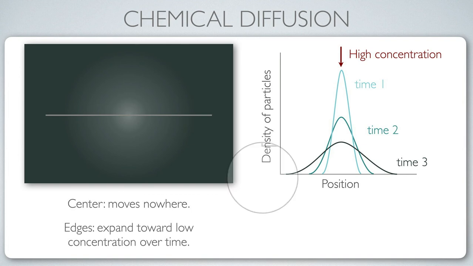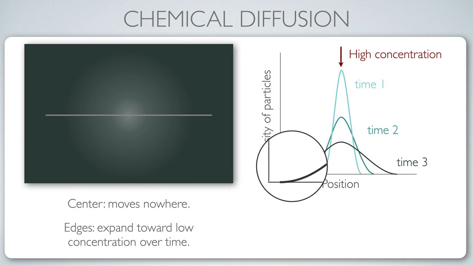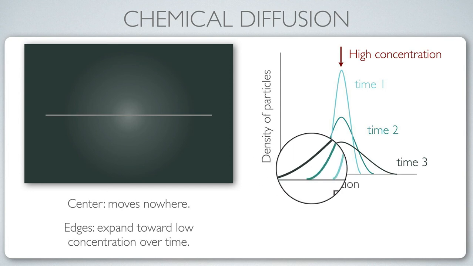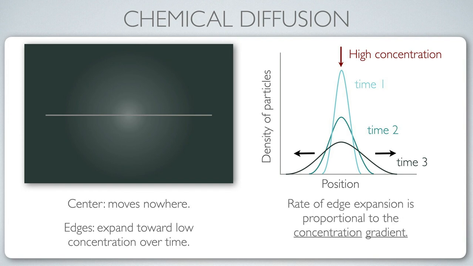Here we can see that initially at time 1, there were no particles at these large distances from the center, but over time we see that the margin moves. So we have that motion of the edges, and we can say that the rate of edge expansion is proportional to the concentration gradient. You have a more rapid expansion towards the margins when the concentration is greater.